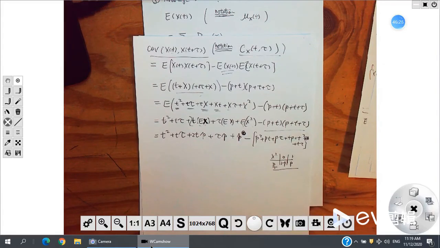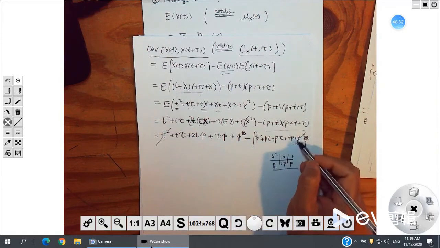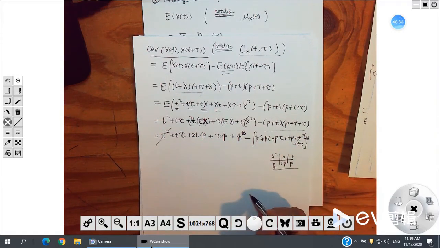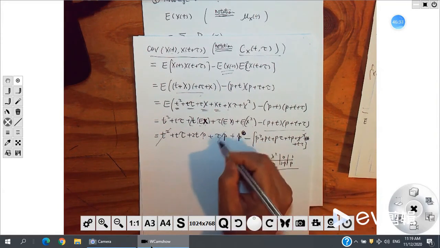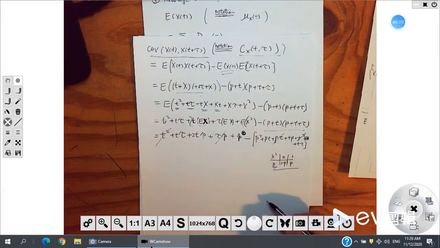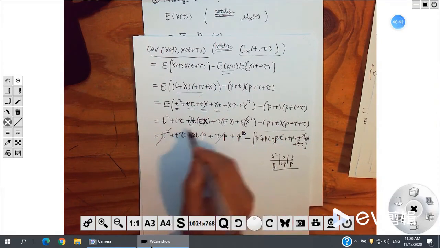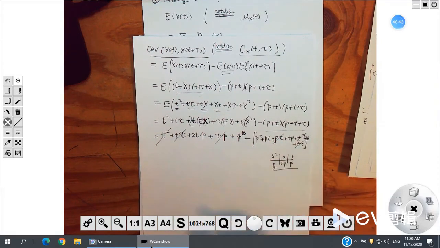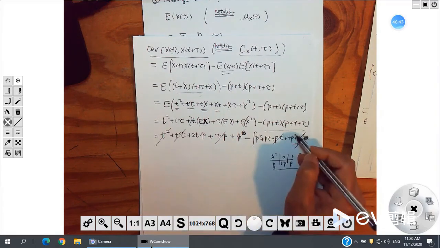Alright, then can we cancel something? I have t squared here, and this t squared can be cancelled. I have tau p, and this tau p cancels. Both contain t tau, they cancel. Here's a p, here's also a p, they cancel.